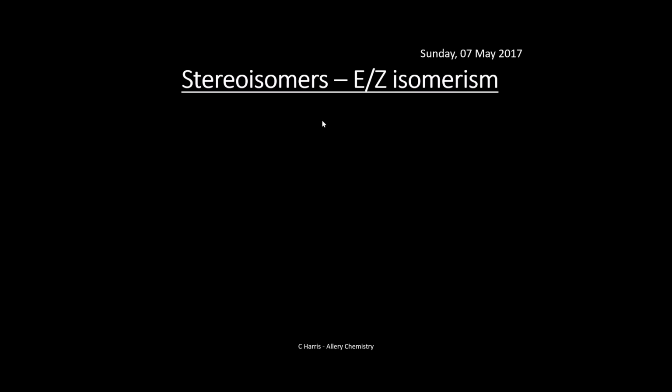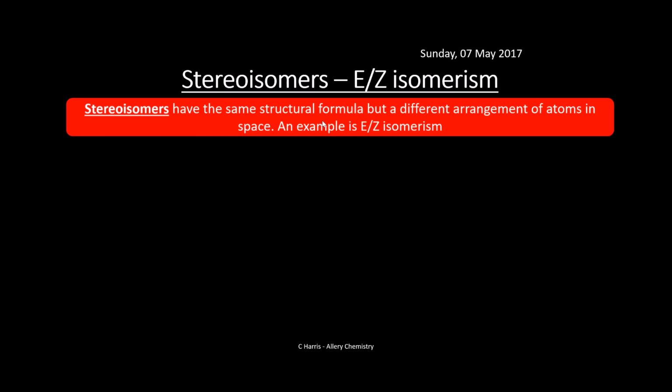Okay, you also get stereoisomers, also known as EZ isomerism. Now these are a little bit tricky. Stereoisomers have the same structural formula, but a different arrangement of atoms in space. An example is an EZ isomer that you need to know. You also get optical isomers, but optical isn't covered at AS, so you're fine with that.